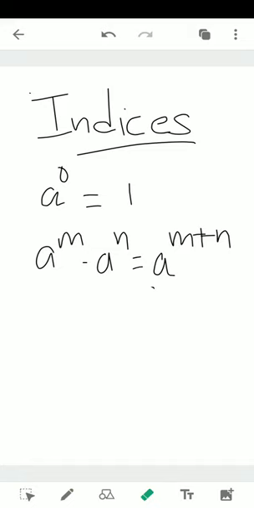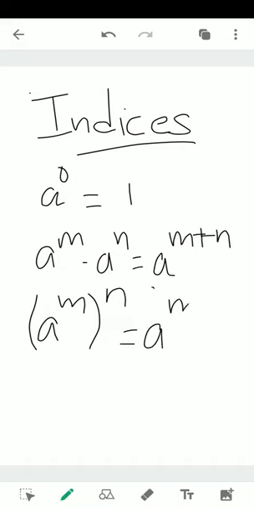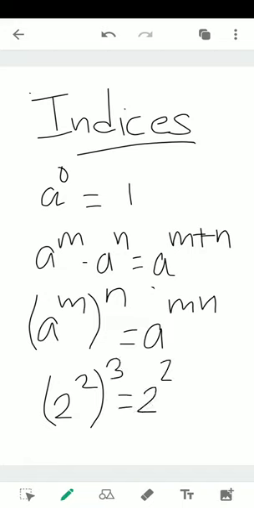One more we have is a to the power m, whole to the power n, is a to the power mn. Something like if I have 2 square whole cube, it is nothing but 2 to the power 2 into 3, that is 2 to the power 6. So in this way I can make use of this formula.